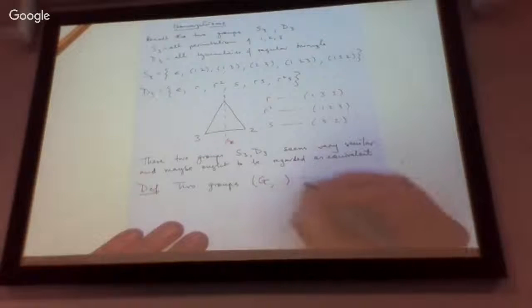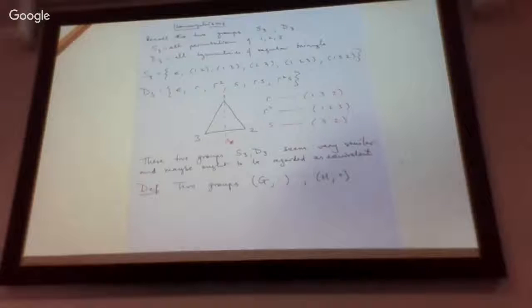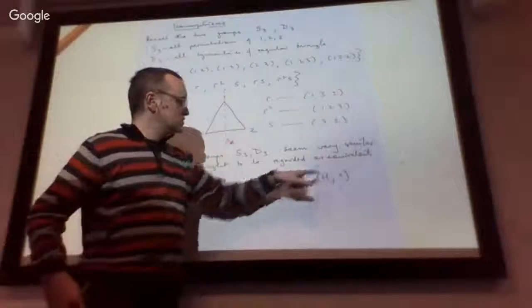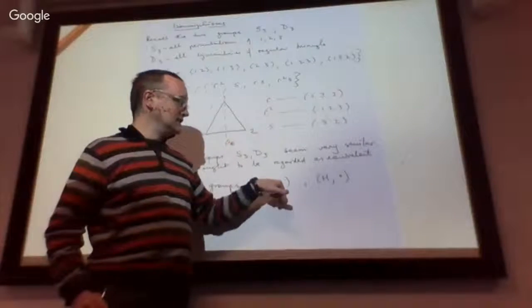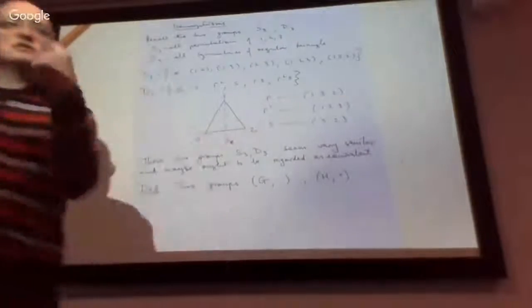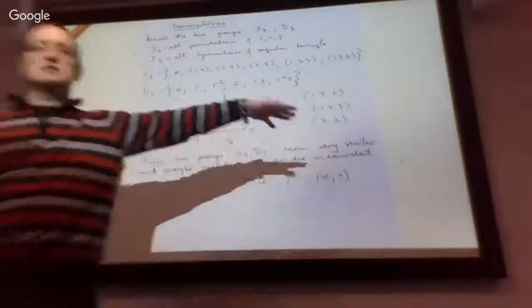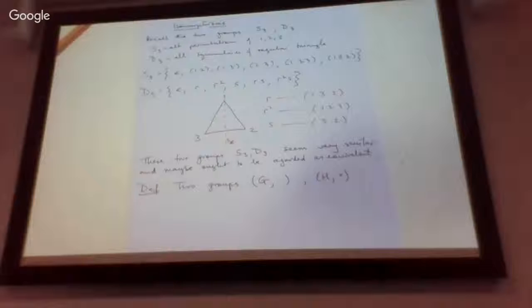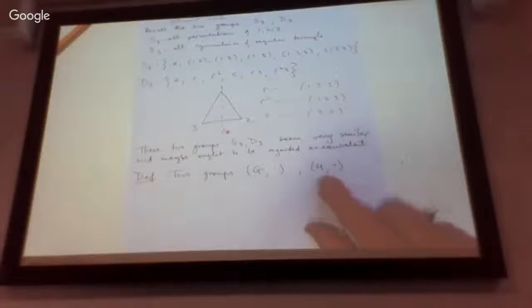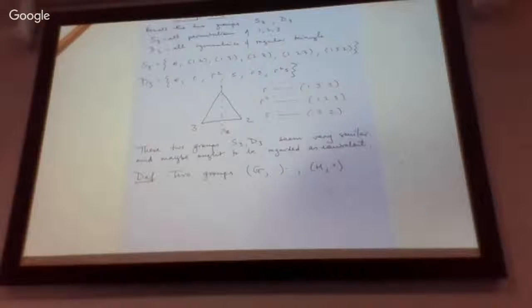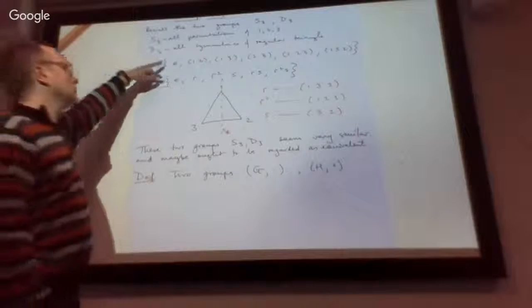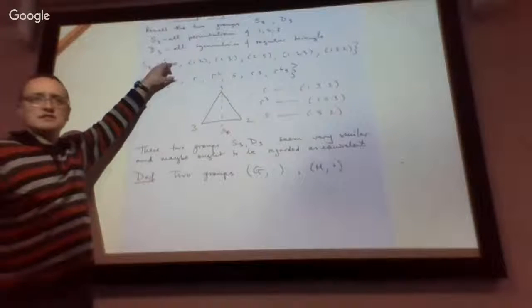So remember, the group is the set and a certain operation defined on the set. So here, when we're introducing this definition, we're just using these two abstract symbols, a dot and a circle, to represent the operations. The dot is the operation taking place in the group G, the circle is the operation taking place in the group H. Now, you'd almost say it's the same operation taking place in S3 and D3.